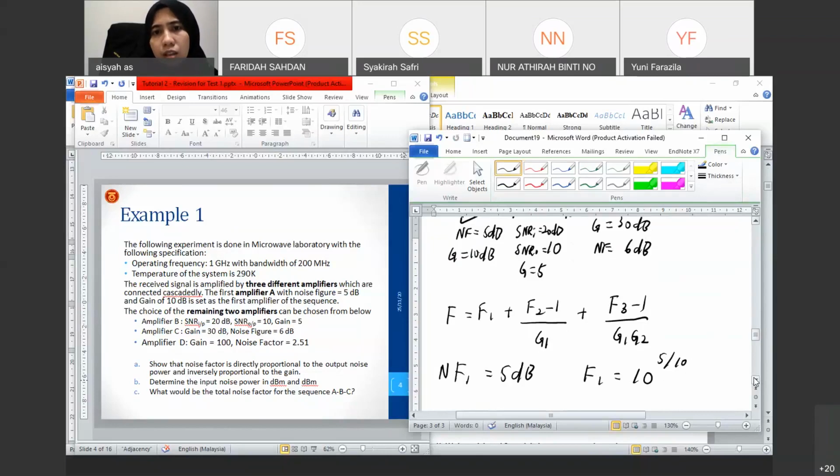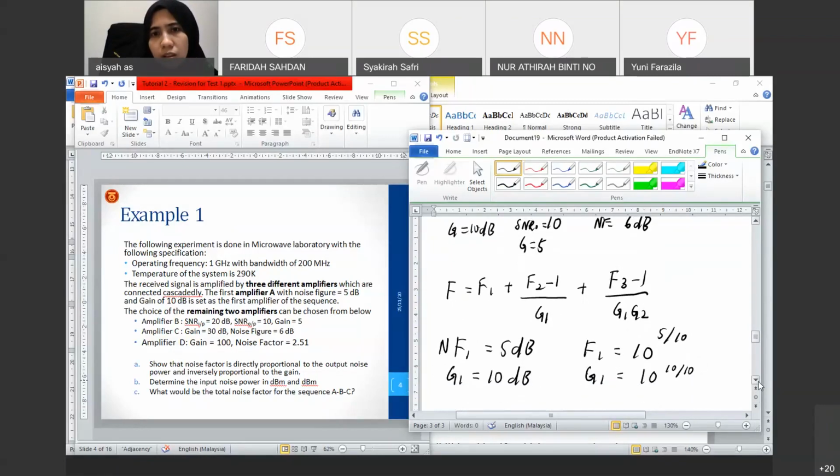And then G1 equals 10 dB, so in linear form G1 is 10 to the power of 10 over 10.